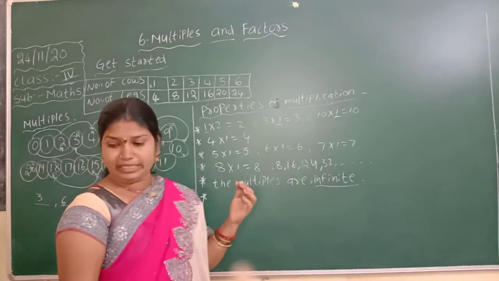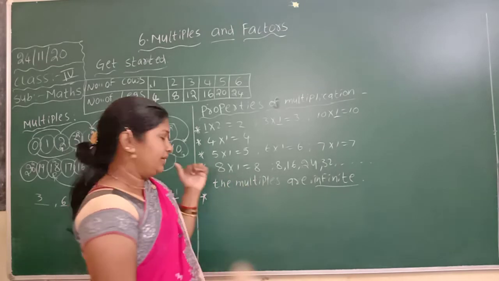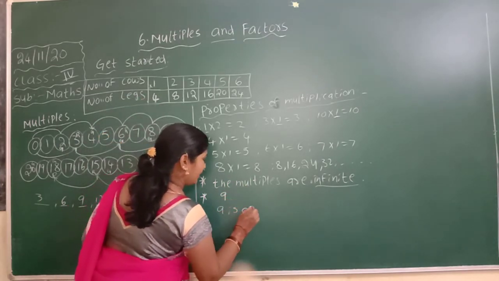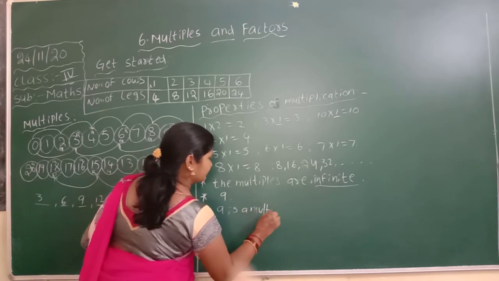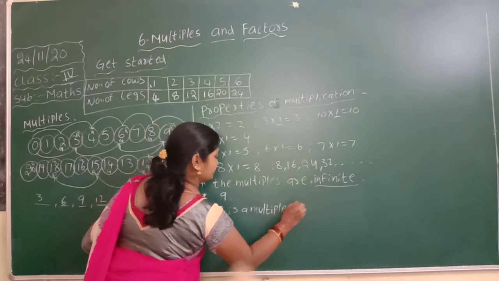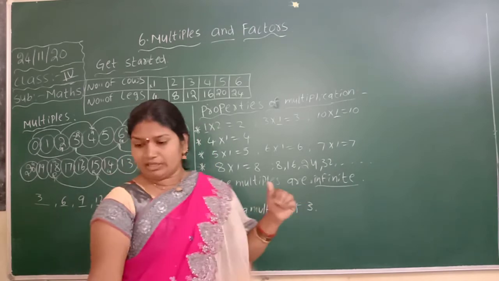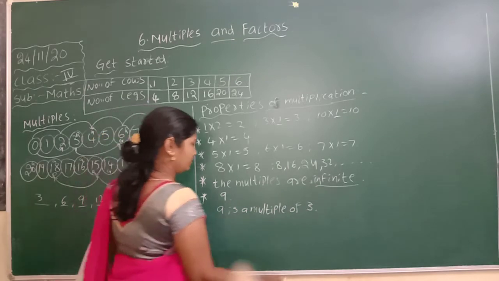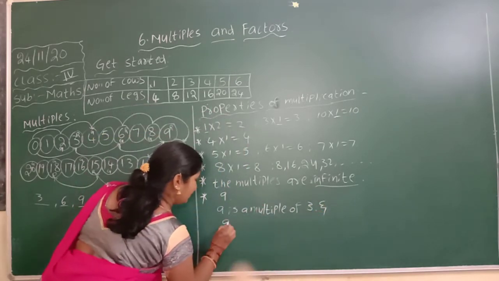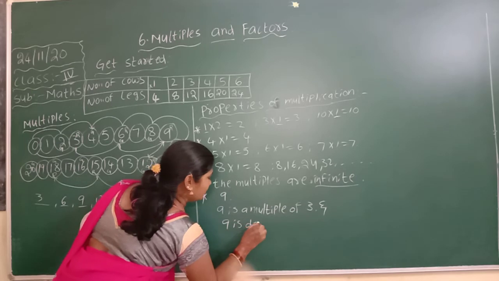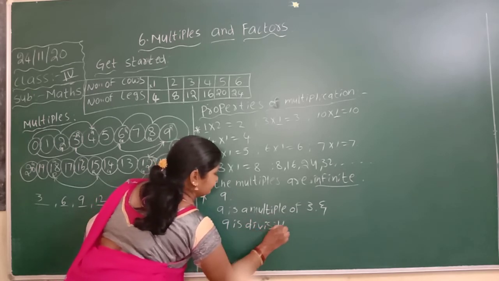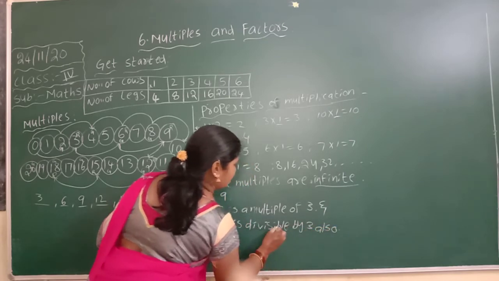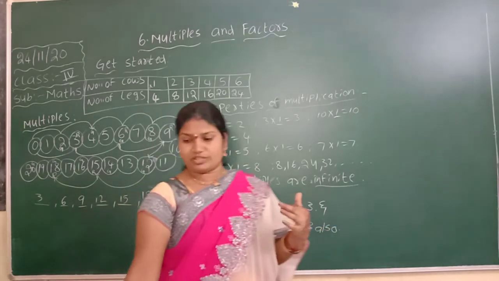For example, here I am taking 9. 9 is a multiple of 3, and it is divisible by 3 also. Okay, it is the last step.